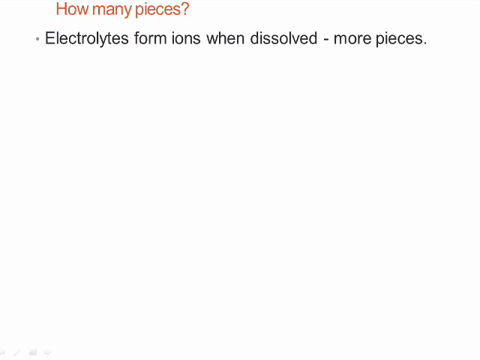So nonpolar will dissolve nonpolar, polar dissolves polar. Electrolytes will form ions when dissolved. That means more pieces. Remember, electrolytes are ions or polar molecules. The more pieces you have, the more particles, the bigger effect.